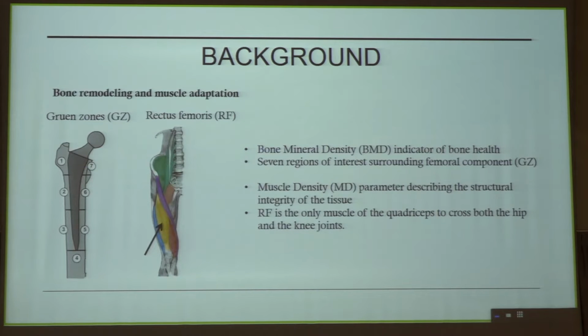So to tackle this problem, we focused mainly on measures that are extracted from CT imaging of the Gruen zones, which is basically a map of the different zones of the femur that serve as interfaces between the bone and the prosthesis. We also use bone mineral density, which is an indicator of the status of bone health.